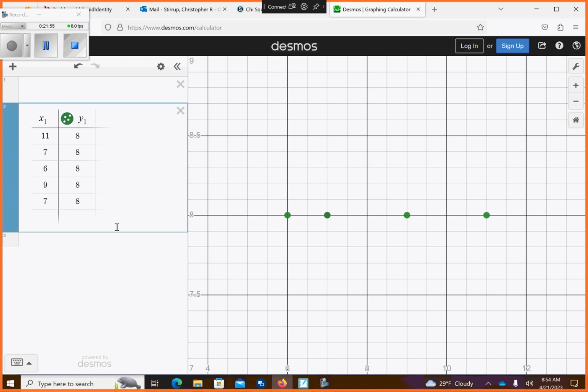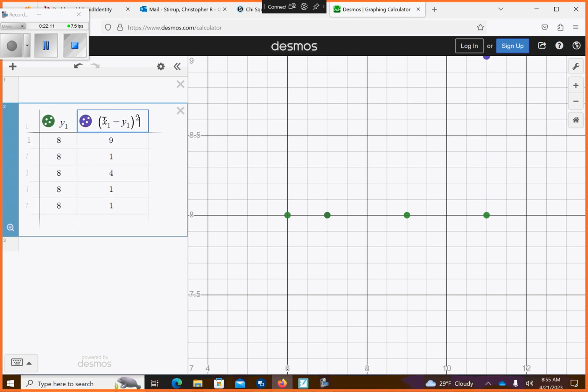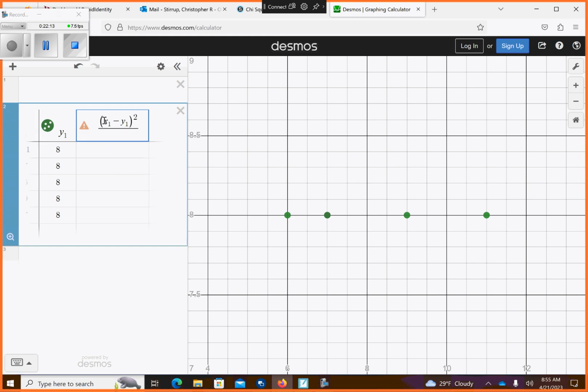So my chi-squared test will be the observed, which is x1 in our case, minus our expected, which is y1, quantity squared, divided by our expected value, which was y1.